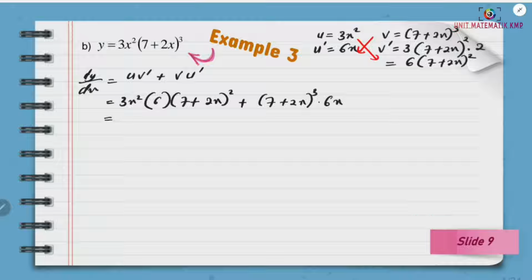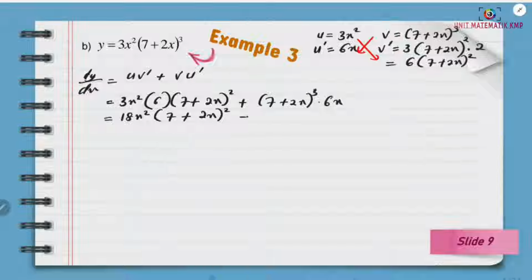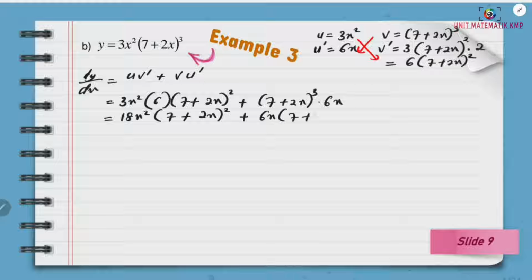We write 18x² times (7 + 2x)² plus 6x times (7 + 2x)³. Now we have the same factor, (7 + 2x)² and (7 + 2x)³.